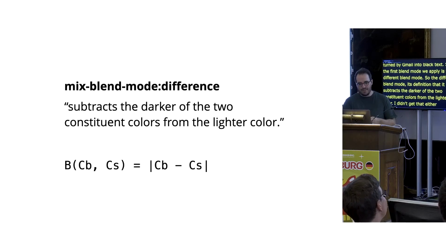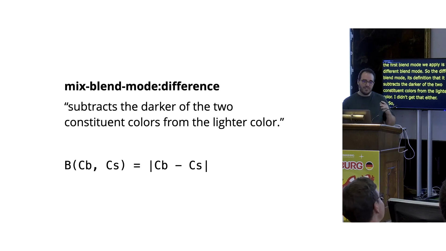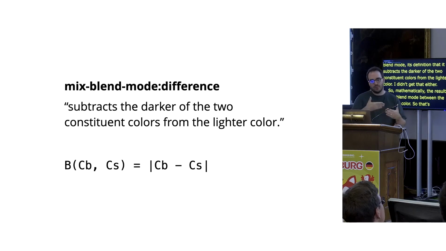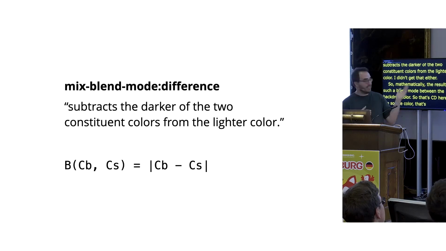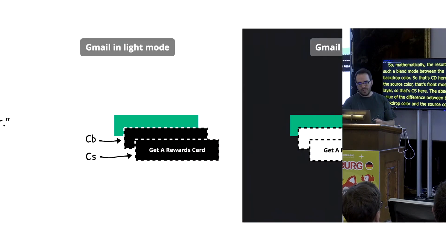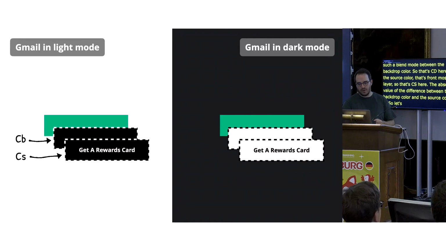Mathematically, the result of such a blend mode between the backdrop color, that's CB here, and the source color, the most frontmost layer, that's CS here, is the absolute value of the difference between the backdrop color and the source color. So let's try to apply this to our little button.